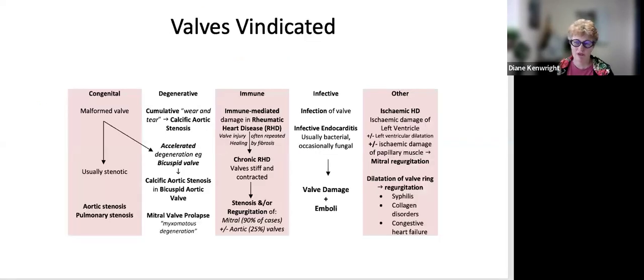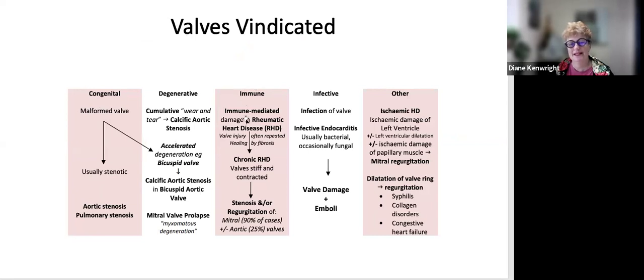If you want a good overview of the diseases of valves, we can categorize them. So congenital, the malformed valve, usually the bicuspid valve, which has accelerated degeneration. The degenerative changes, calcific aortic stenosis and mitral valve prolapse.